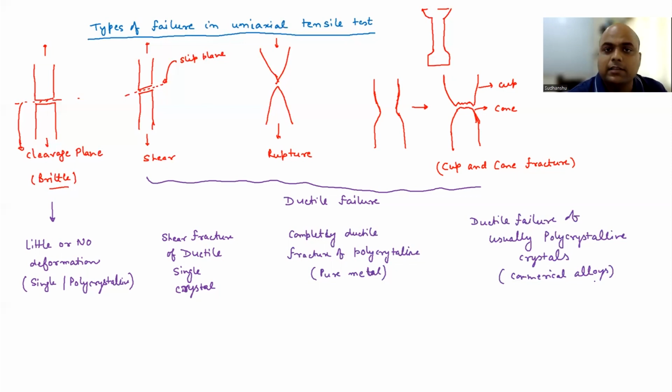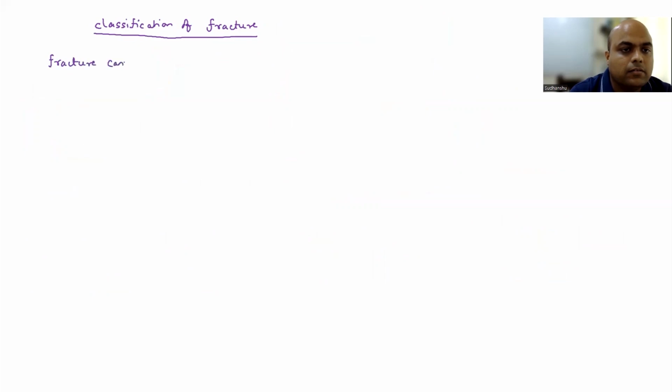There is another way of classification of fracture, and this is from Dieter. Fracture can be classified based on four characteristics. Okay, so the first is crystallographic mode.